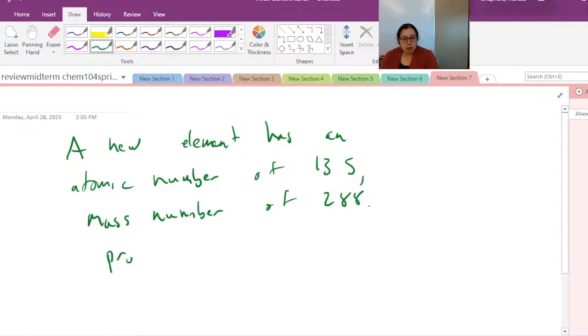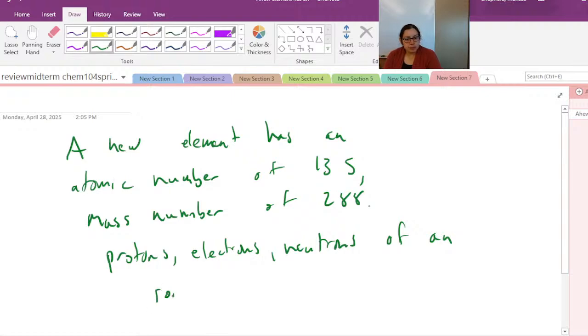So can you give me the protons, electrons, and neutrons of an ion with a 4+ charge? So again, take a few minutes for that one.